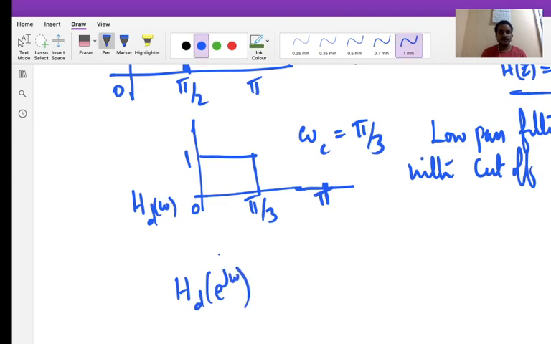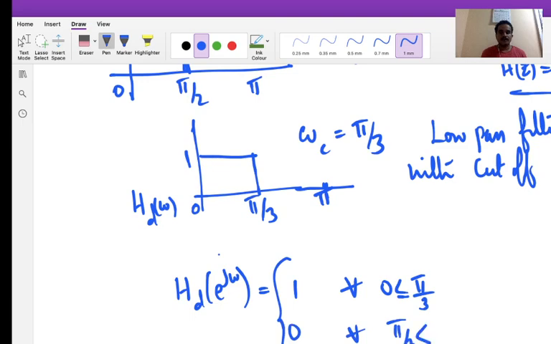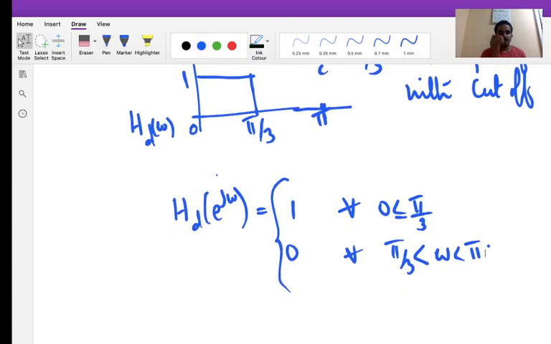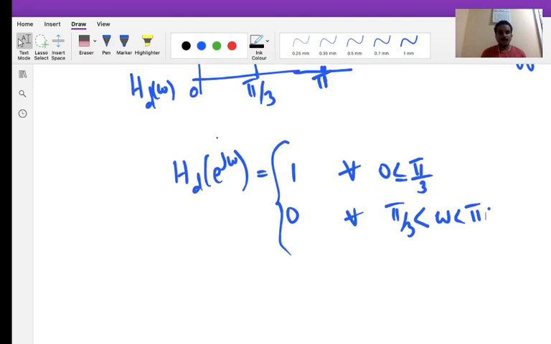The response is basically 1 for 0 less than or equal to omega less than or equal to pi by 3, and 0 for pi by 3 less than omega less than pi. This is the desired frequency response for your low pass filter.